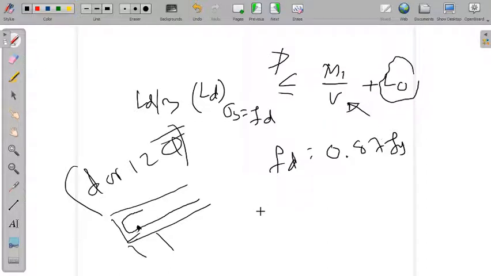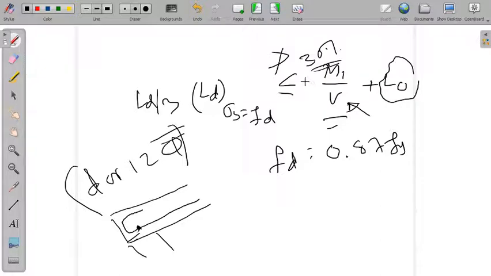Next point is saying that the M1 by V, whatever is shown above in this expression, this value can be increased by 30% when the ends of the reinforcement are confined by a compressive reaction. When the ends of the reinforcements are confined by a compressive reaction, this value will be increased by 30%.